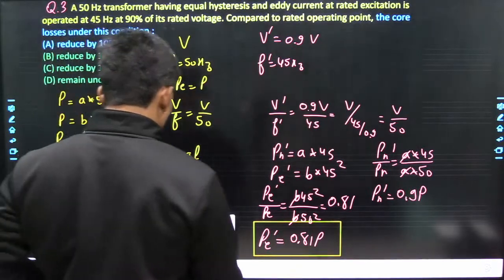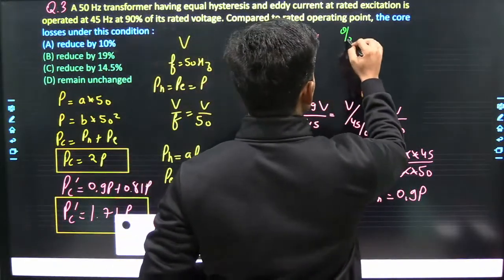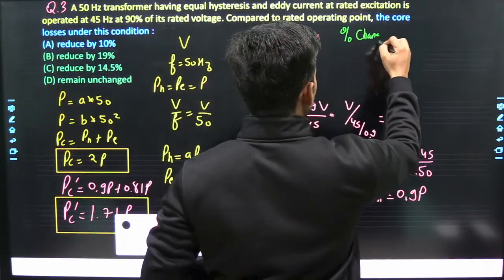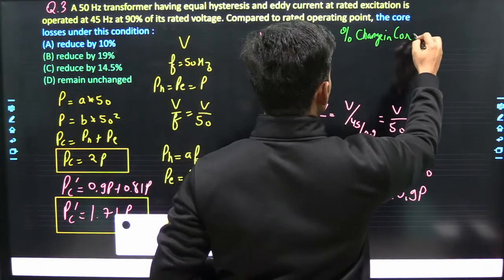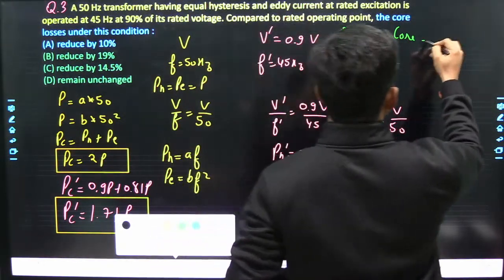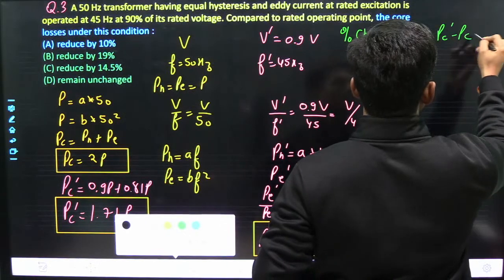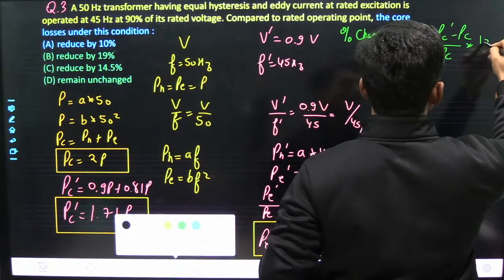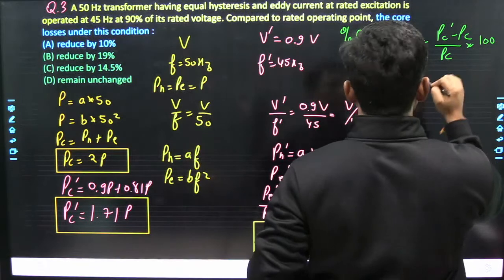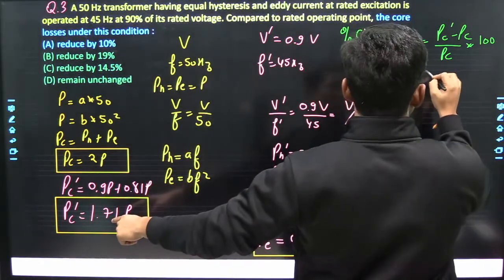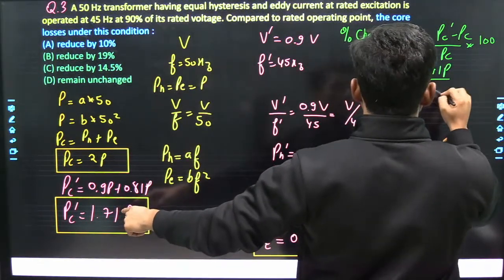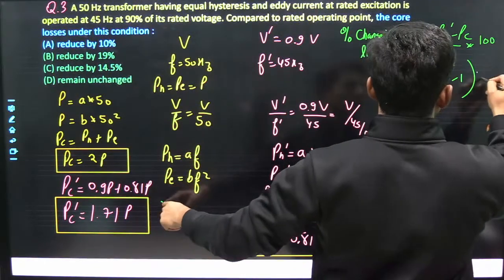Percentage change in core loss is equal to (PC dash minus PC) upon PC into 100, that is equal to (PC dash upon PC minus 1) into 100. PC dash is 1.71P upon 2P, minus 1, into 100.